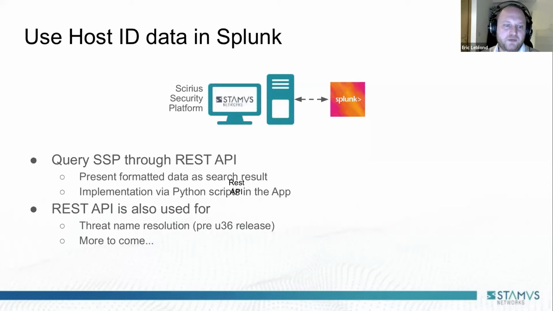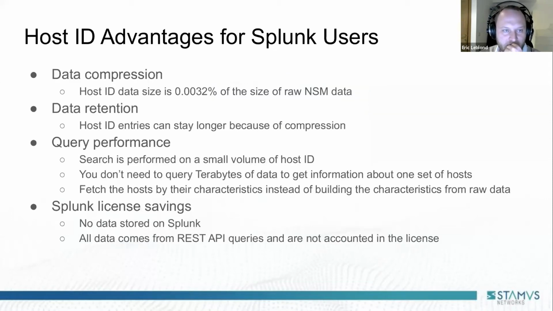We can also use the REST API to do some enrichment. I will show the different commands just after this slide that explain the advantages of the host ID for the Splunk user.